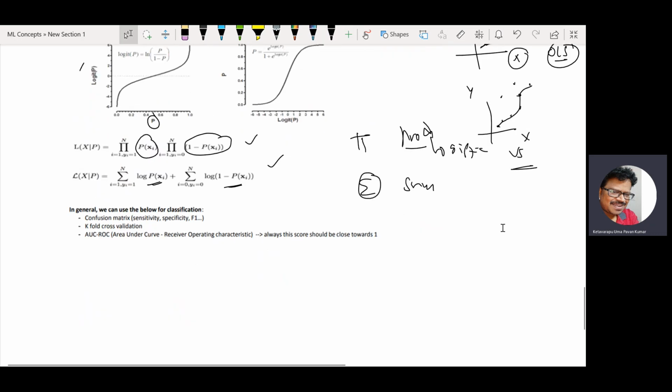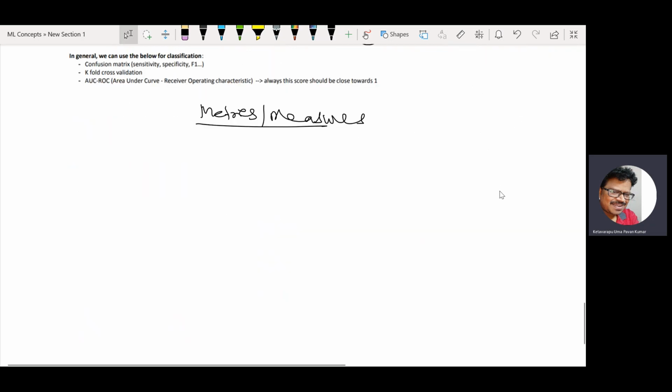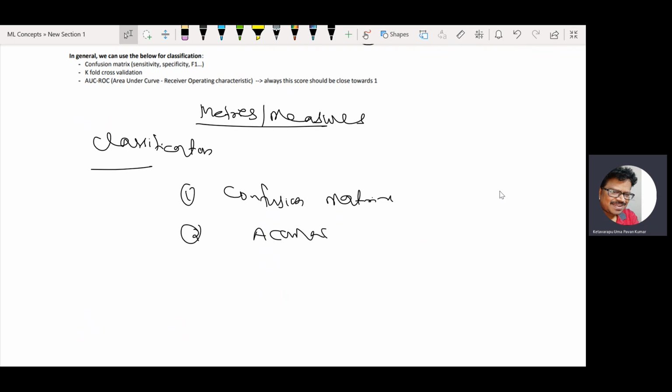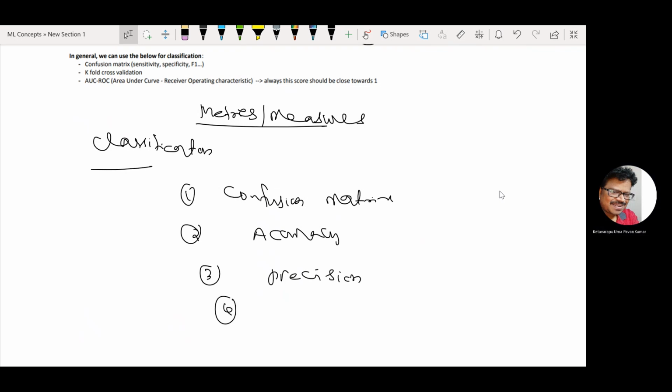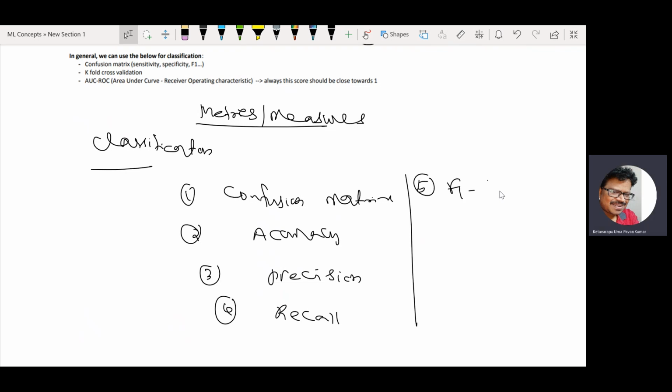And coming to the metrics, guys, many metrics we have seen. If you consider the metrics or measures for classification, always the confusion matrix is one of the important things. From the confusion matrix, you can derive accuracy, precision, recall, then the F1 score, sensitivity.